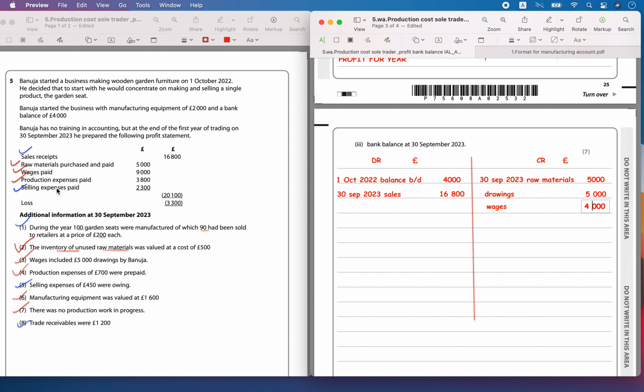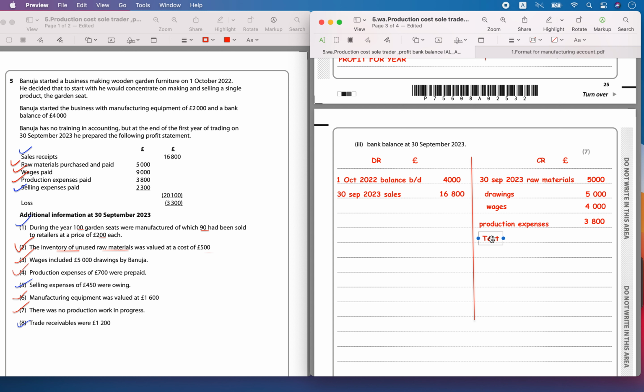And then you have production expenses. The production expenses were around 3,800. And then you have selling expenses, so that was 2,300.